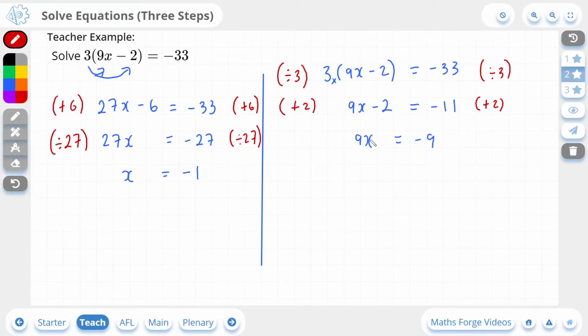And now we can divide both sides by 9, since this x has a 9 being multiplied onto it. This is going to leave us with the following, 9 divided by 9 is 1, multiplied by the x is x, and minus 9 divided by 9 is negative 1. And you can see that we've arrived at the same answer. So whether you want to expand the bracket or not is up to you, but both of these methods work.